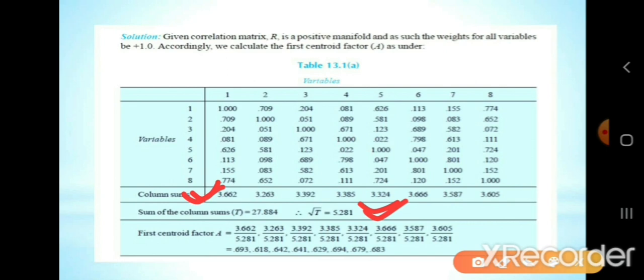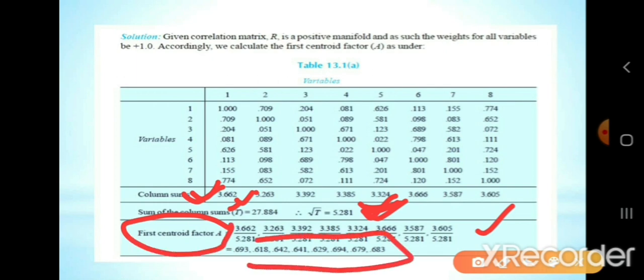Each column sum of a variable is divided by this square root, so it will give us the first centroid factor. So this is how the first centroid factor for each variable is calculated. So this is the centroid loading. The full set of loadings obtained is called the first centroid factor.